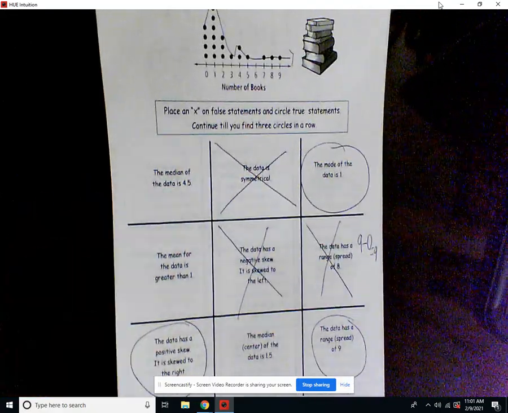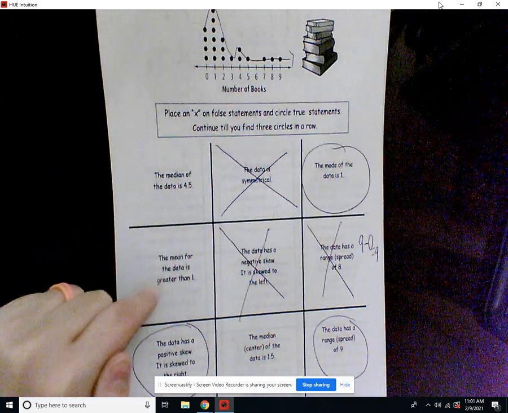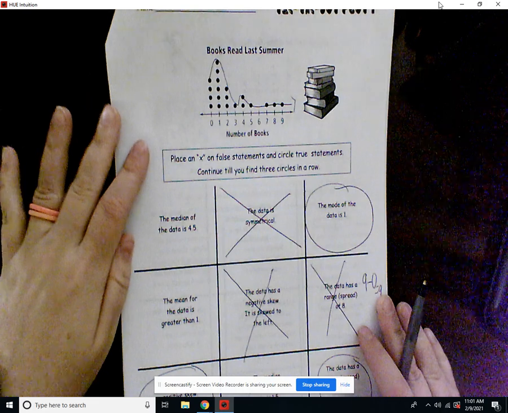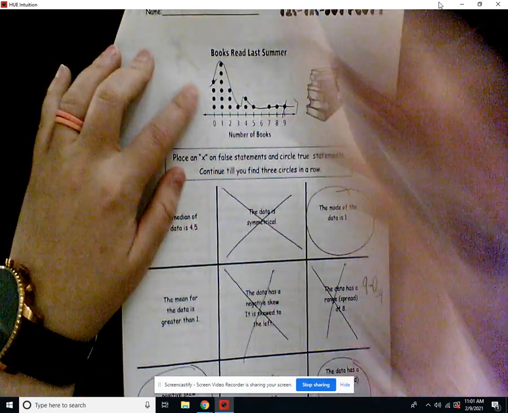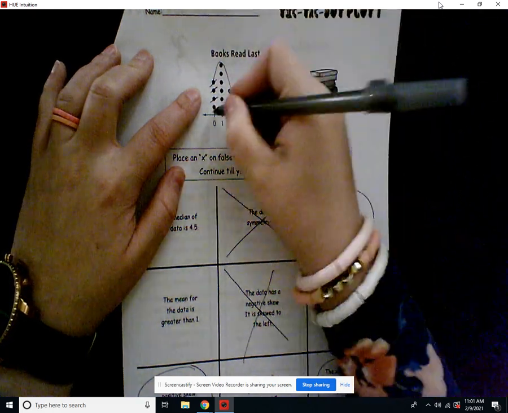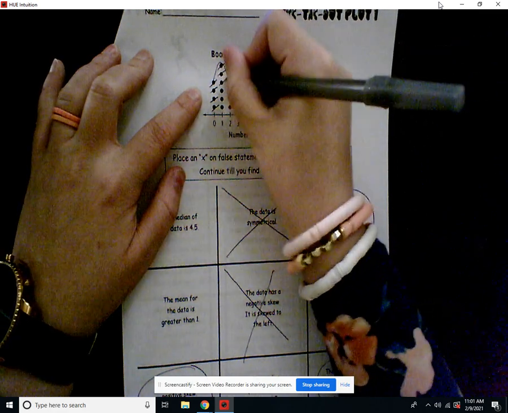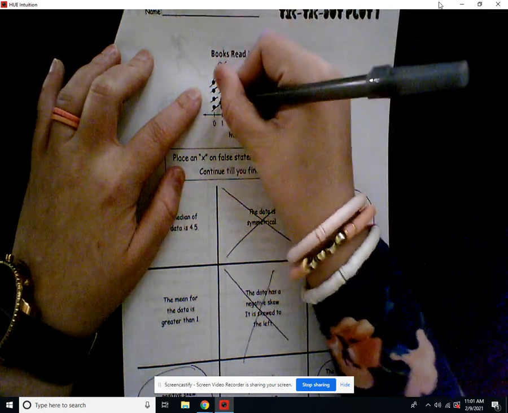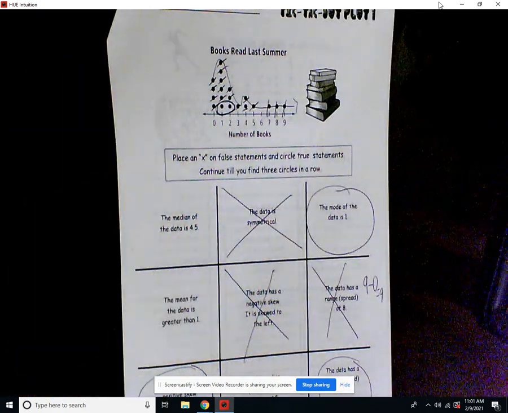Okay, next is median. So we do the median to find the mean to see if this one is correct. Remember, for the median, we're going to mark off our dot, a high and a low, until we find the center of the data. Okay, so we're left with 2 dots, which is in between 1 and 2.